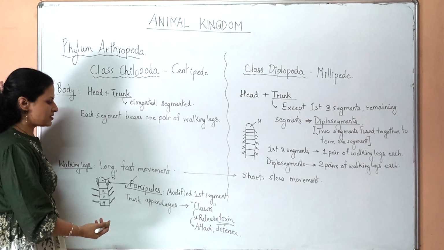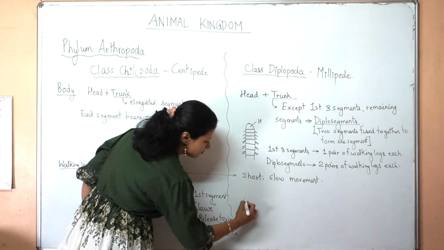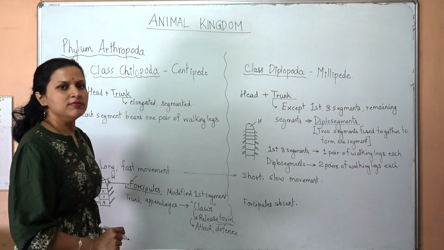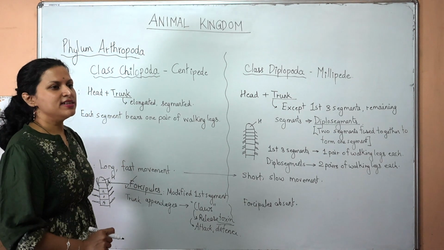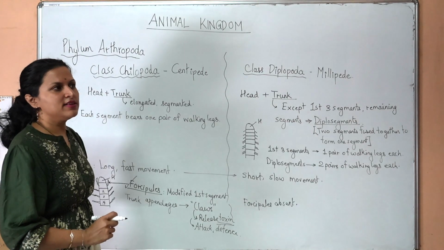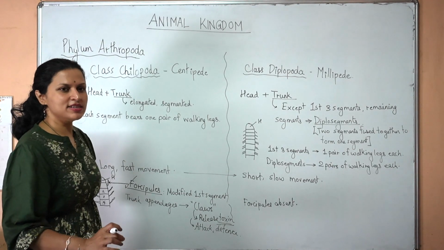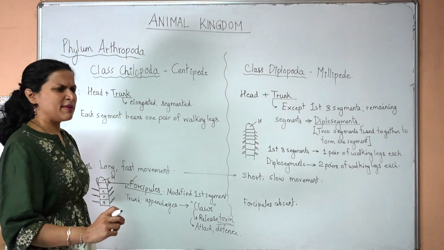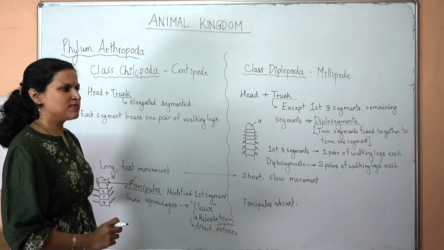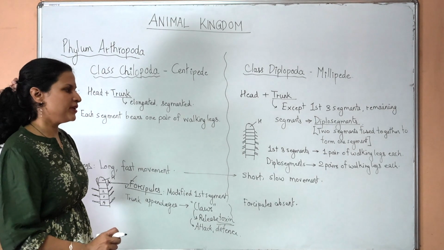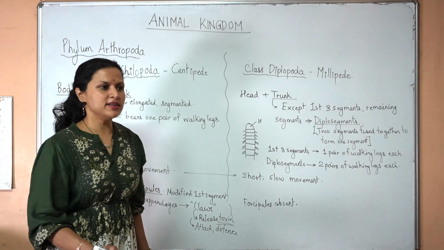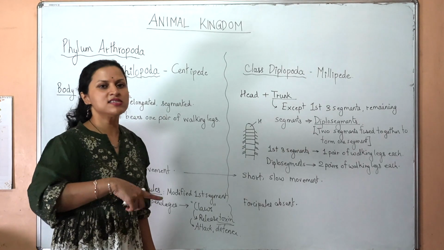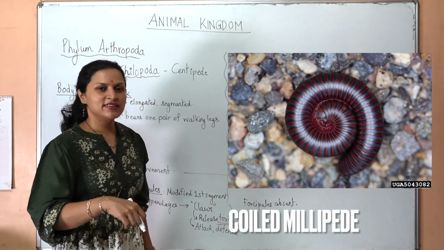In case of millipede, such forcipules are absent. Instead, what the millipede has for defense is the presence of stink glands. Whenever it is attacked by a predator, it will release a stink through its stink glands, some chemicals which give a very bad smell, which will ward off the predator. Another technique that it uses for defense is that it coils itself into a very tight coil, like a tortoise shell.